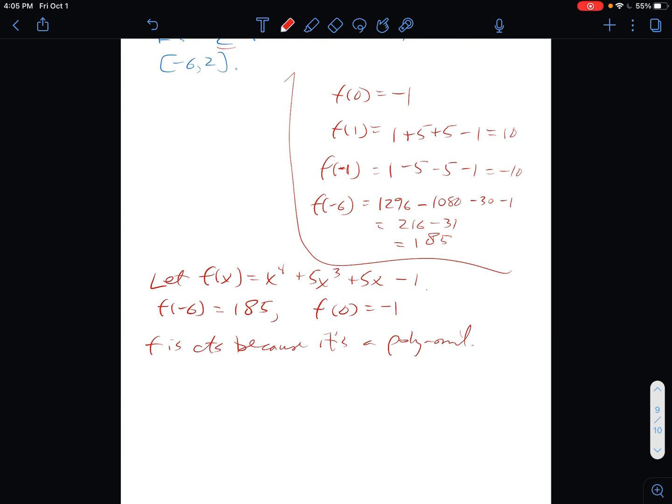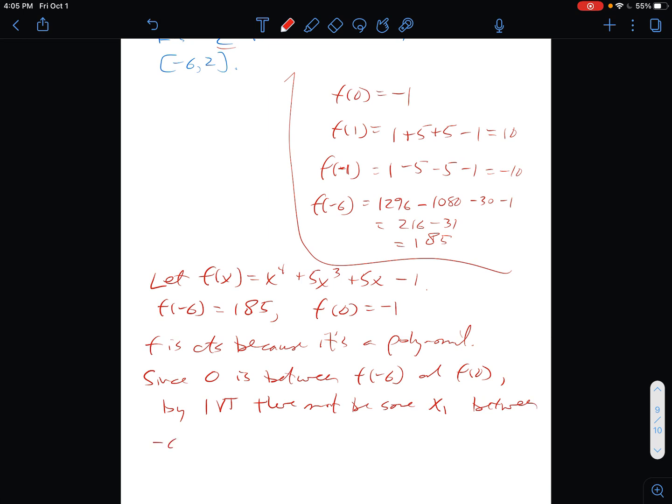And we observe, and just make this clear, so since 0 is between f of negative 6, our starting y value, and f of 0, our ending y value, by the intermediate value theorem, there must be some x1, and you'll see why I call it x1 in a second, between negative 6 and 0, such that f of x1 is equal to 0.